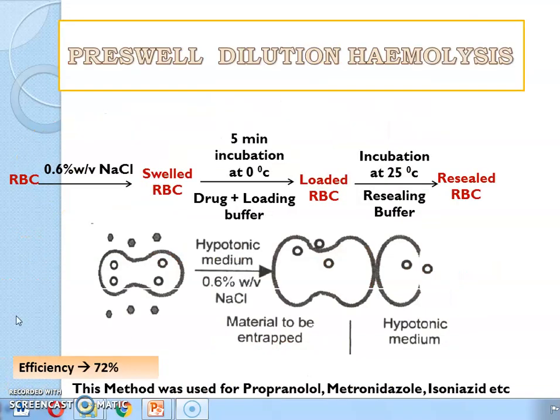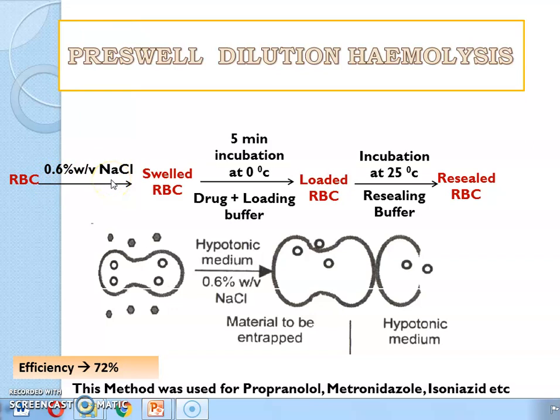Another method of hypoosmotic lysis is the Presswell dilution method. In this method, the erythrocytes are exposed to a hypotonic solution, that is, 0.6% NaCl solution.